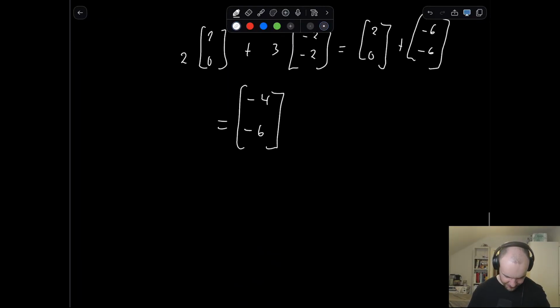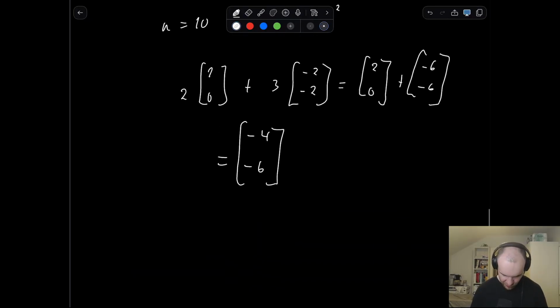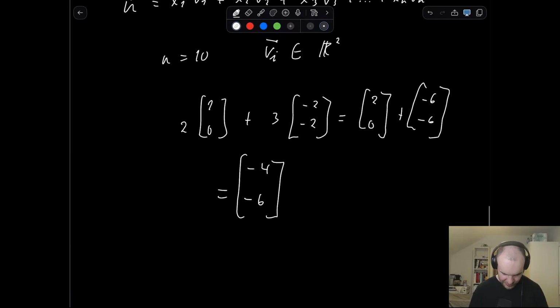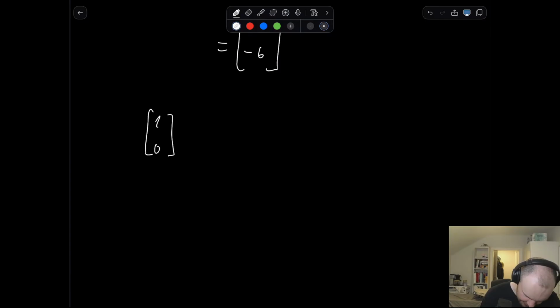Okay, so the idea here is that we're starting to see what span is. That will become clear now. You're already familiar with span, right? If I have 1 and 0, and then I have 0 and 1, then any linear combination of these two vectors spans the two-dimensional plane, right?